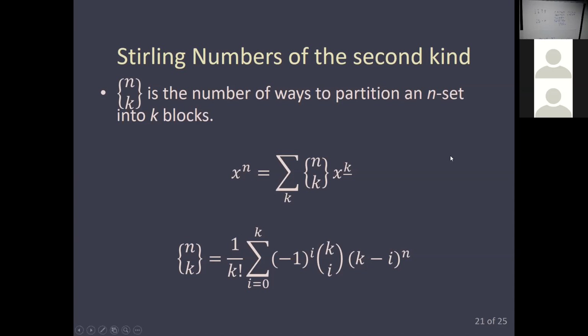So the notation, there's enough letters here that it's easy to get confused, but this formula gives an explicit formula for the Stirling numbers of the second kind. As near as I can tell, I have never seen an explicit formula for Stirling numbers of the first kind, either signed or unsigned. If there was one for either, then of course there would be one for the other.